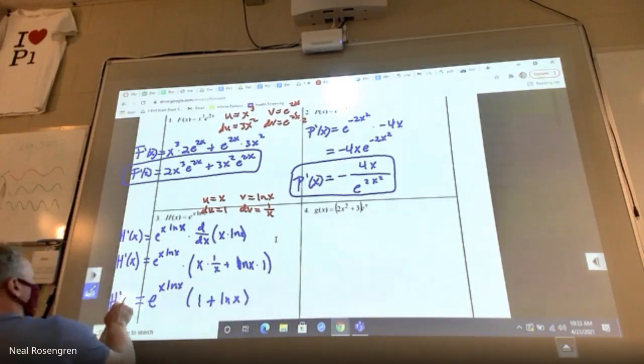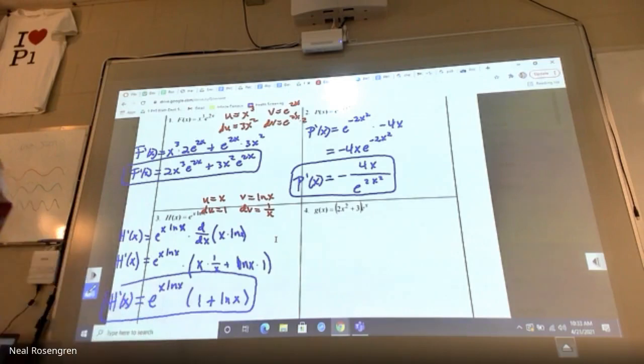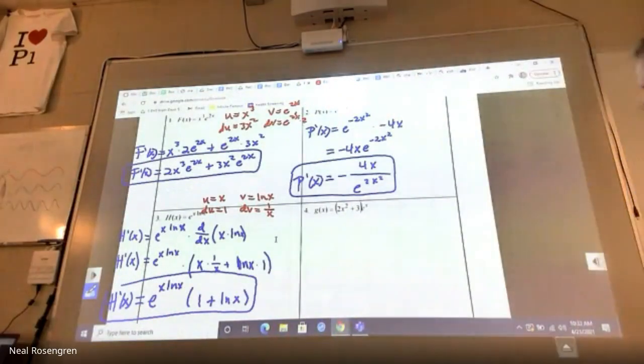Distribute if you want. Leave it factored if you want. Feel free to distribute there. You can if you want. You don't have to.